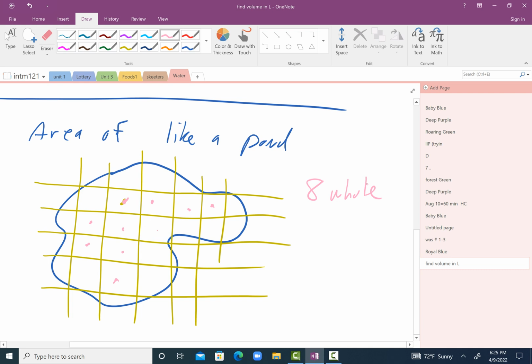And now I'm going to count the partial squares. So I have 21 partial squares. Now I might have some Vis-a-Vis pens.